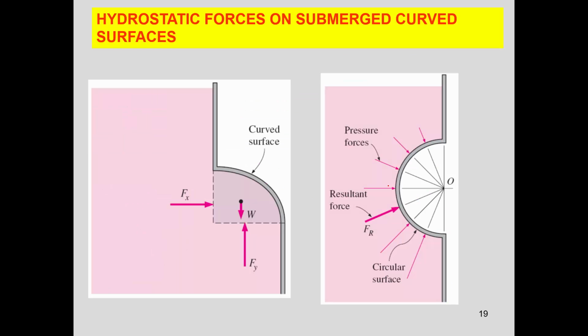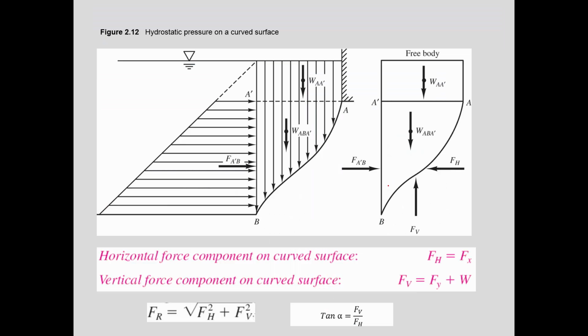Now, for hydrostatic forces on curved surfaces, you have several options and several additional steps. In the case of a curved surface, like you have here, let's say that this is your curved surface. There's two forces.